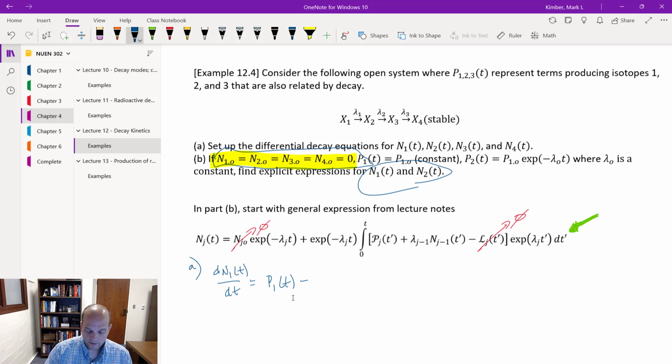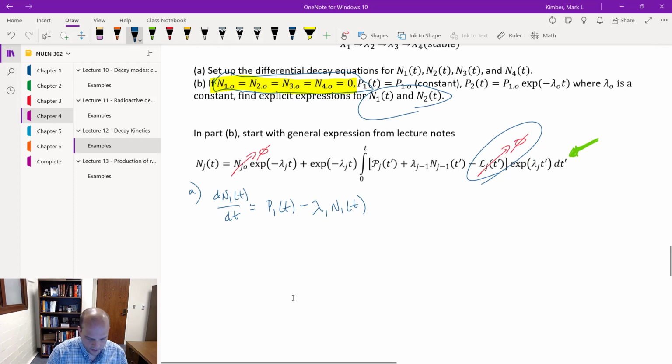And I don't have any decay coming into isotope 1. And so that's all my positive terms. What are my negative terms? Well, there's no losses, as we already have discussed, but I do have decay. So decay down to isotope 2 will be this expression there. So that is my differential equation for isotope 1.